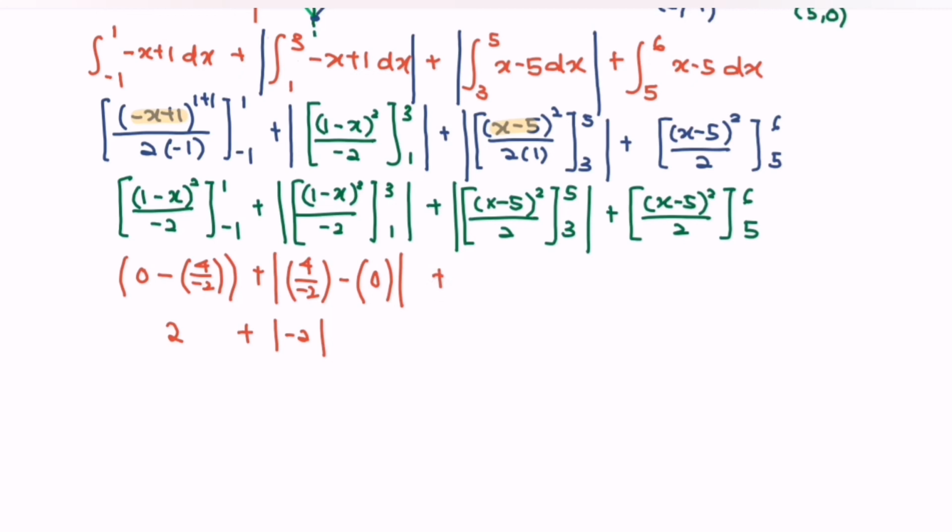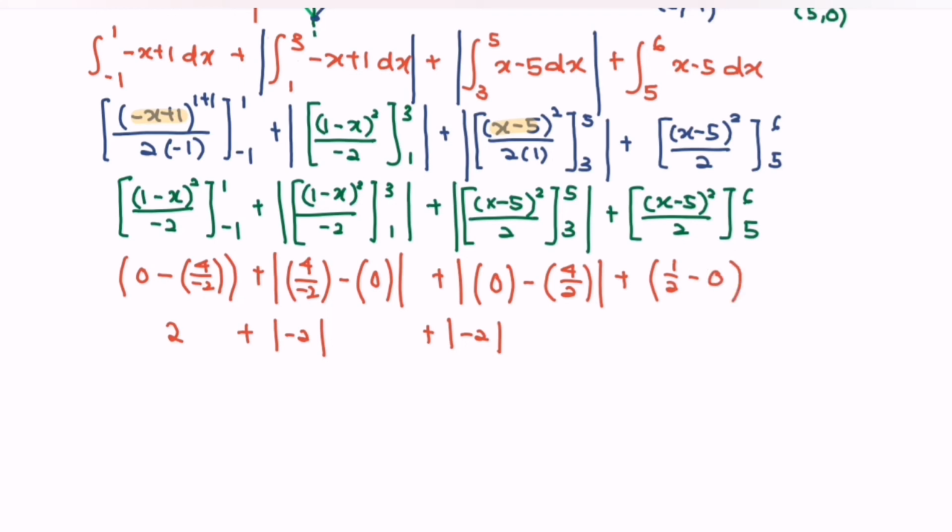Plus, if we substitute 5, we will obtain 0 minus, if we substitute 3, we will have 4 over 2. So if we simplify the situation, we will have modulus negative 2. Next, plus, if we substitute 6, we will obtain 1 over 2 minus 0.